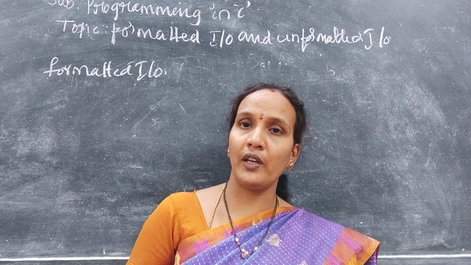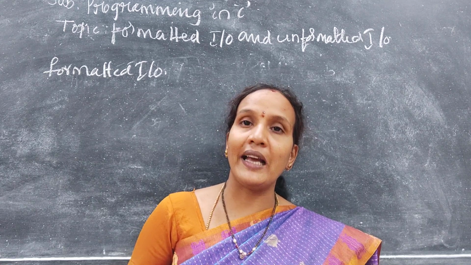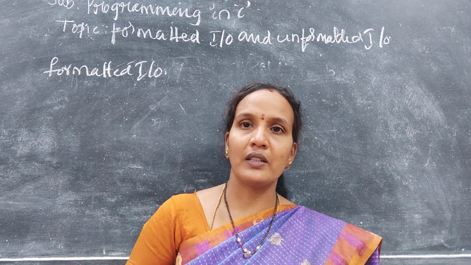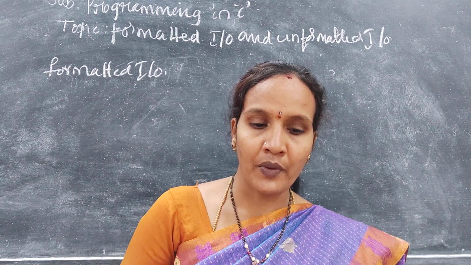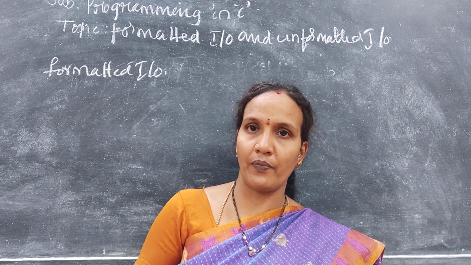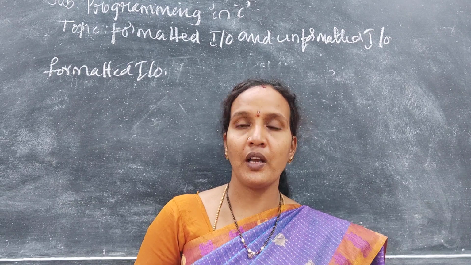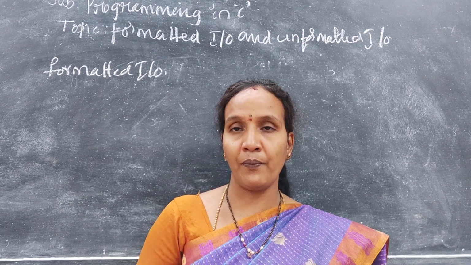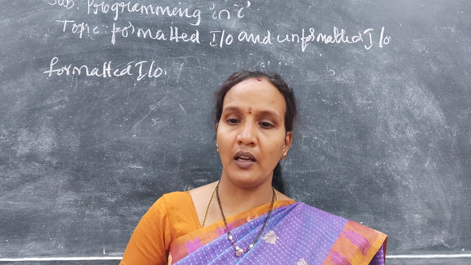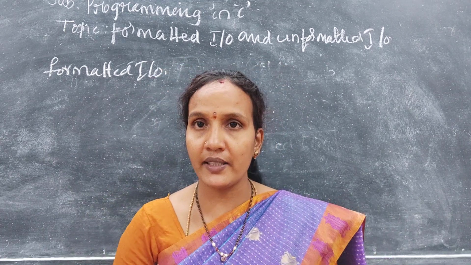And this type of input is stored in ASCII format. Later we'll discuss what an ASCII format is. Only one point: if you are taking any input from a user using formatted input and output, there should be a format specifier like %d, %f, like that. If you are storing data using that format specifier, that is called formatted input.